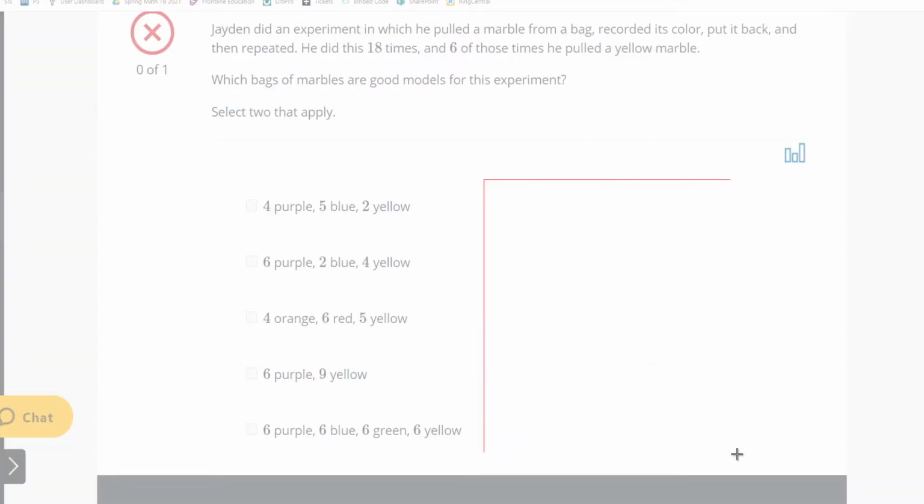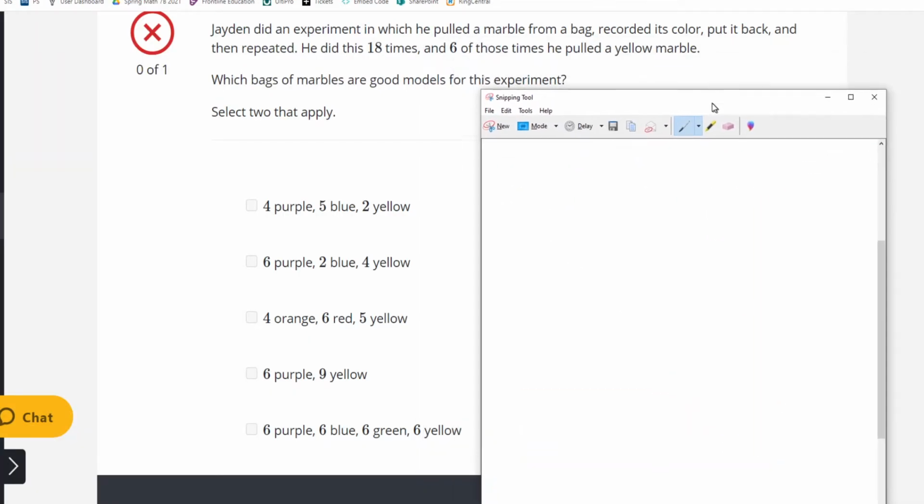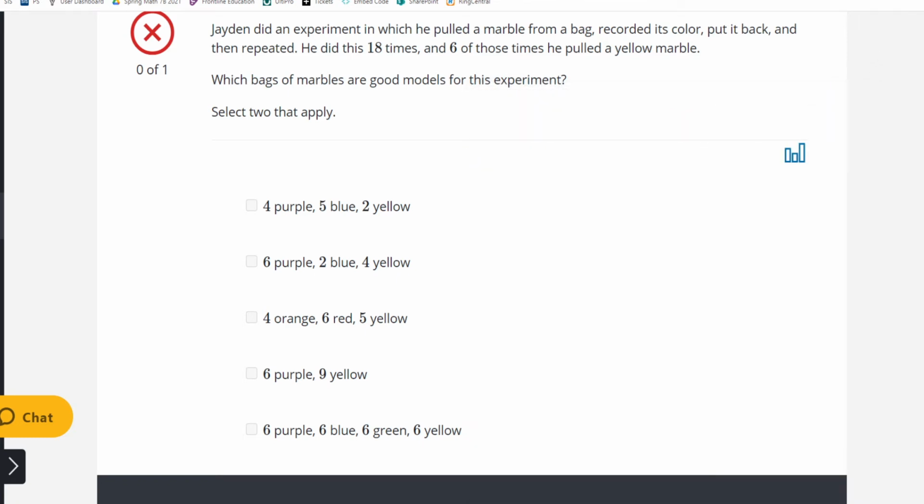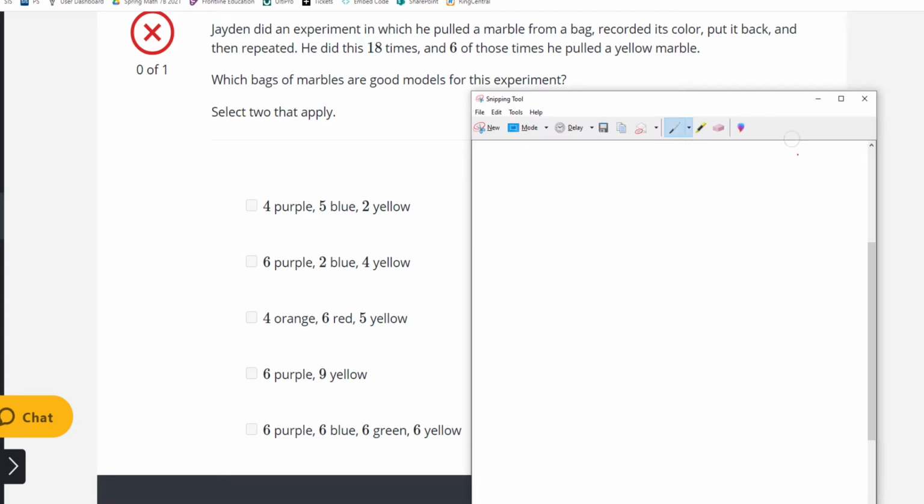All right. So for this question here, it says that 6 out of those 18 times he pulled a yellow marble. So this could simplify to 1 over 3.